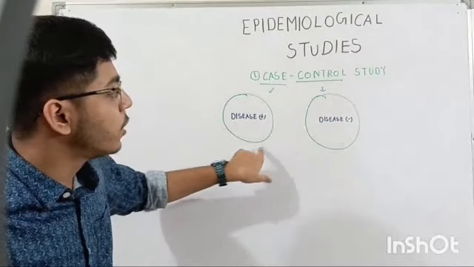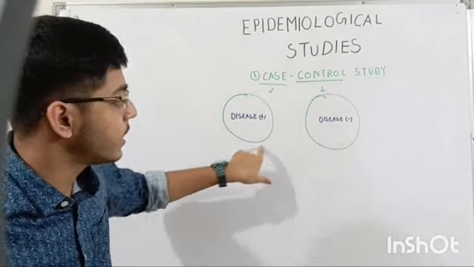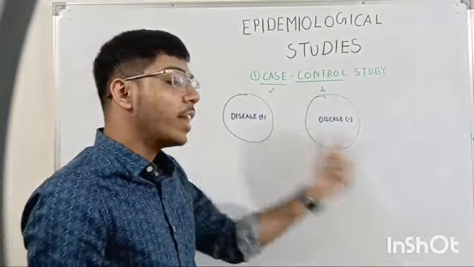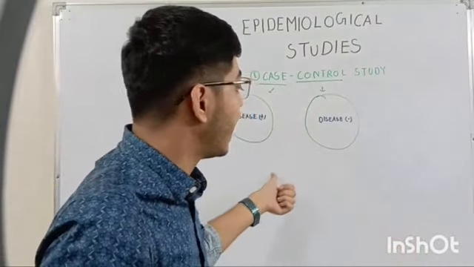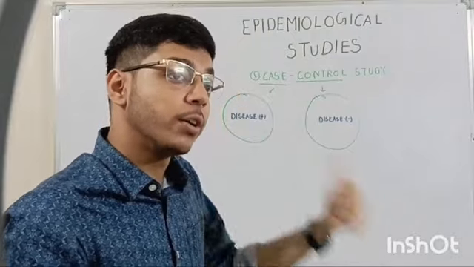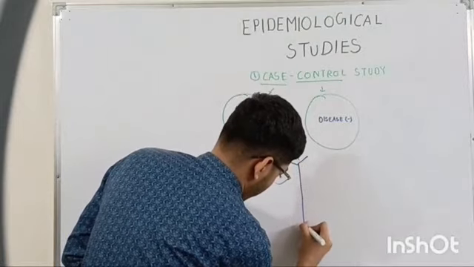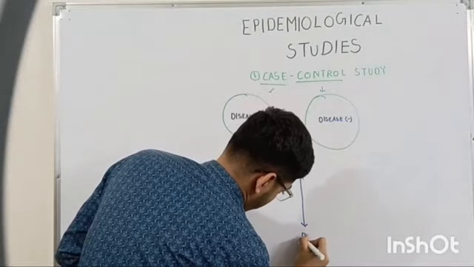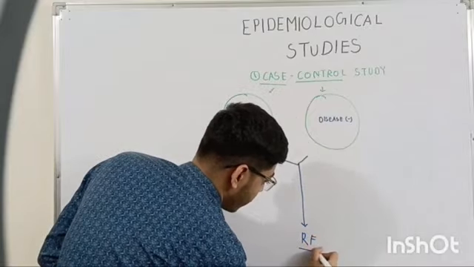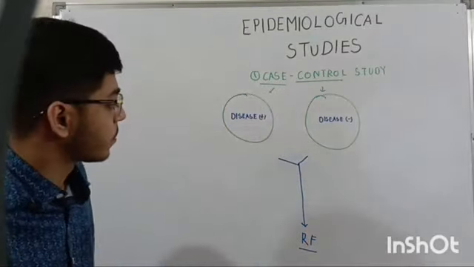When we have the two groups of people, case and control, we will ask them whether they had any risk factor associated with that, where RF stands for the risk factor.